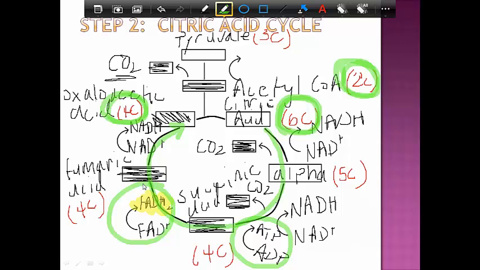The carbon dioxides that are produced, we have 1 up here, 2, 3, and we take that times 2 for each glucose, for a total of 6 carbon dioxides produced per glucose. So whenever you're looking at how many products are formed for the citric acid cycle per glucose, you have to take all these products times 2.